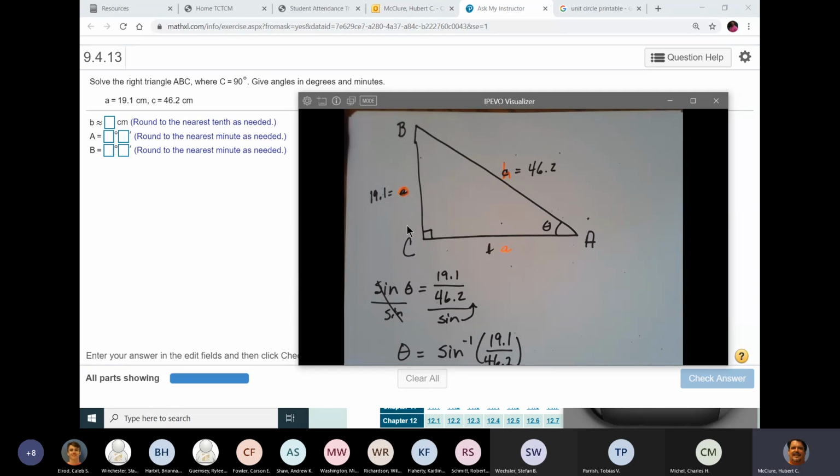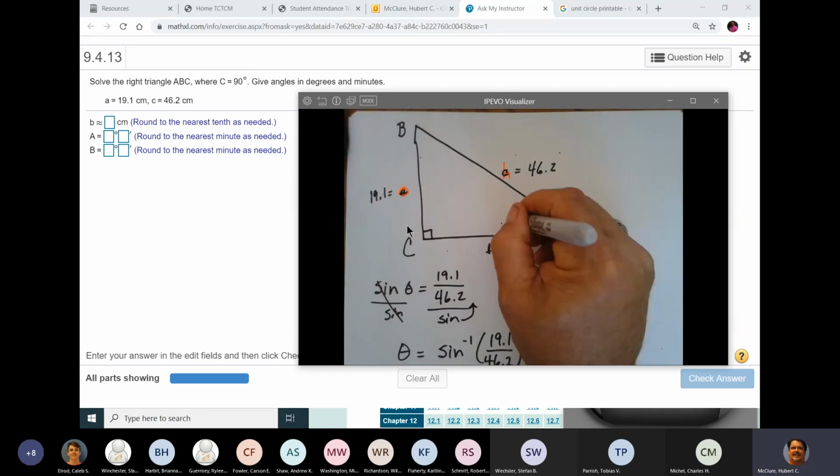It gives me 0.4262. Oh, it's not. Let me check my mode. I'm in radian mode, dadgummit. I didn't know my phone was in radian mode too. All right, second entry. Now hit enter. 25.23 degrees. Is that what y'all got?